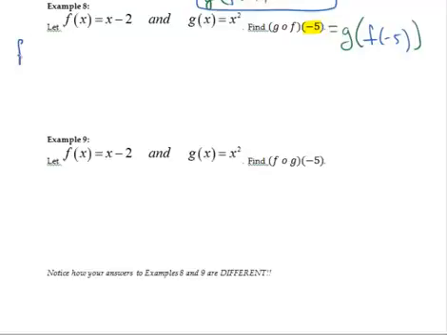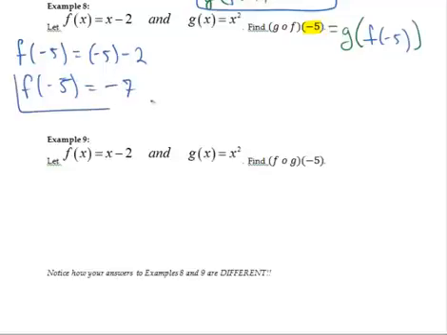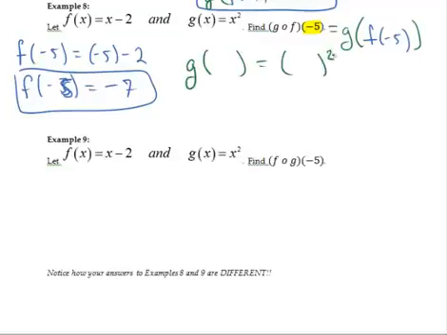Do that one first. f of -5 is -5 minus 2, which is -7. And then when we come over here to our g of blank equals blank squared, we'll input -7 and -7.